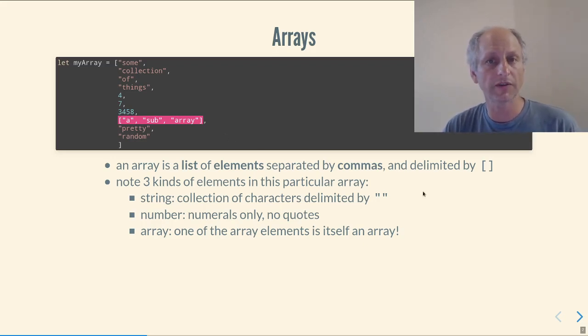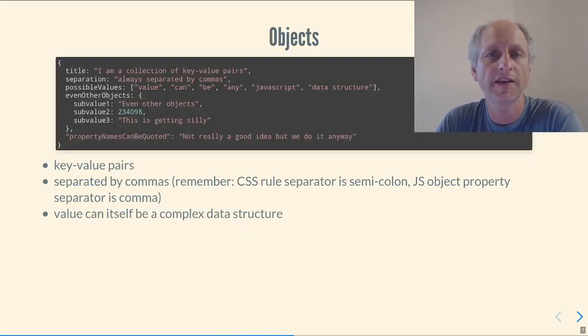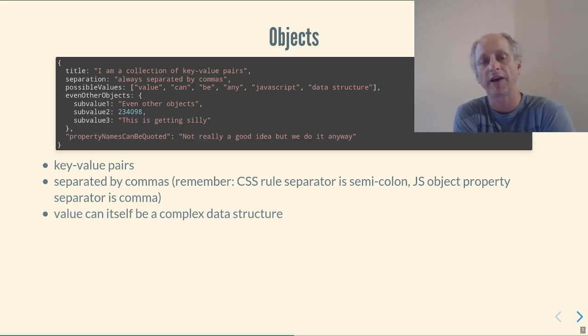So let's go on to talk about the second kind of JavaScript data structure that you need to be familiar with, and that is a JavaScript object. Like the CSS rules that we just saw before, and this can be somewhat confusing, a JavaScript object is delimited by curly braces and is made up of key value pairs with a property name, a colon, and then a property value.